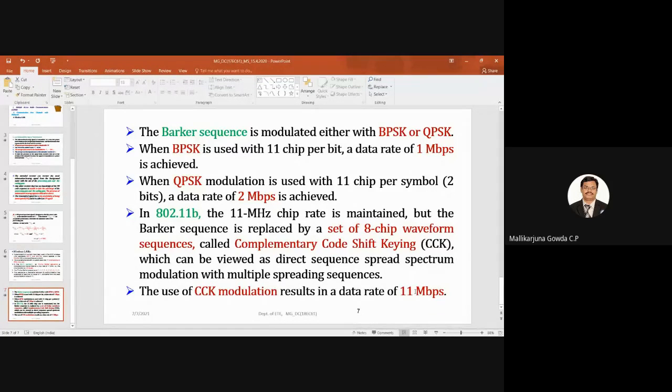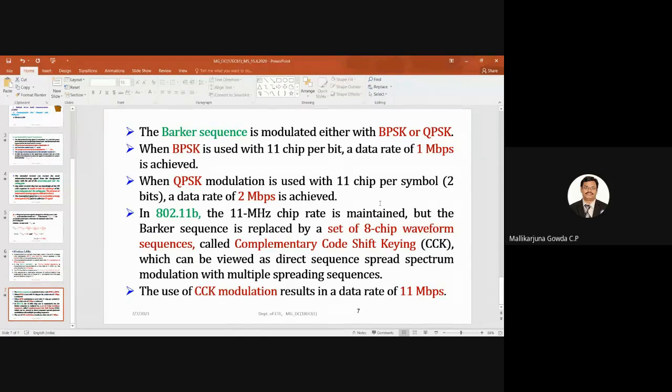So this is the difference between 802.11 and 802.11b. In case of 802.11, the Barker sequence is used with BPSK, possible to achieve a data rate of 1 Mbps. With QPSK, possible to achieve a data rate of 2 Mbps. But in case of 802.11b wireless local area network, the 11 megahertz chip rate is maintained, but the Barker sequence is replaced by complementary code shift keying.